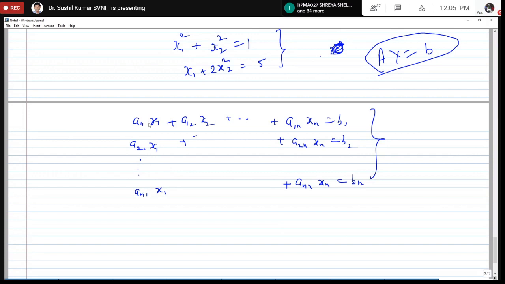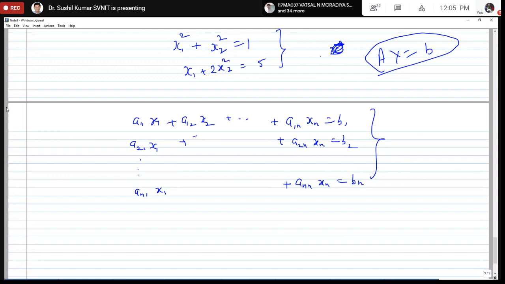So any equation which is linear in the unknown is called a linear equation, whether it is an algebraic equation or a differential equation, whether it is ODE or PDE. In the case of a differential equation, not only the dependent variable but its derivatives are also unknown. So in the case of ODE, we call an equation linear if it is linear in the dependent variable and its derivative.